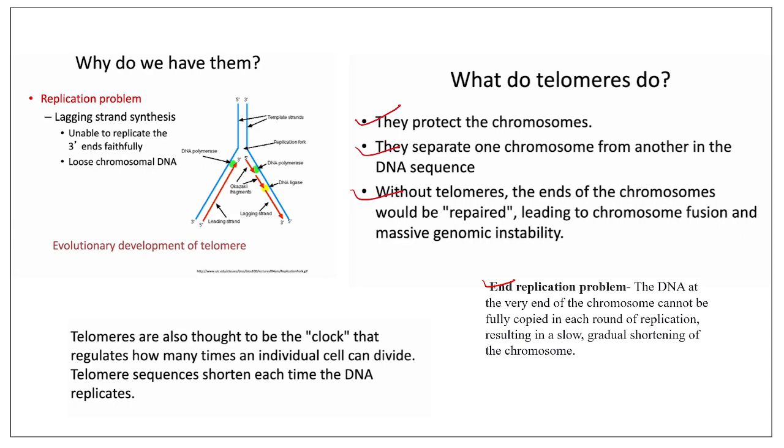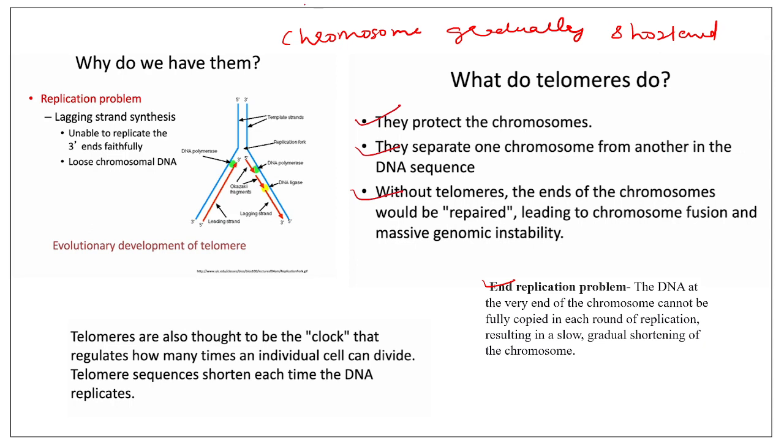So with each replication cycle, your chromosome gradually gets shortened.